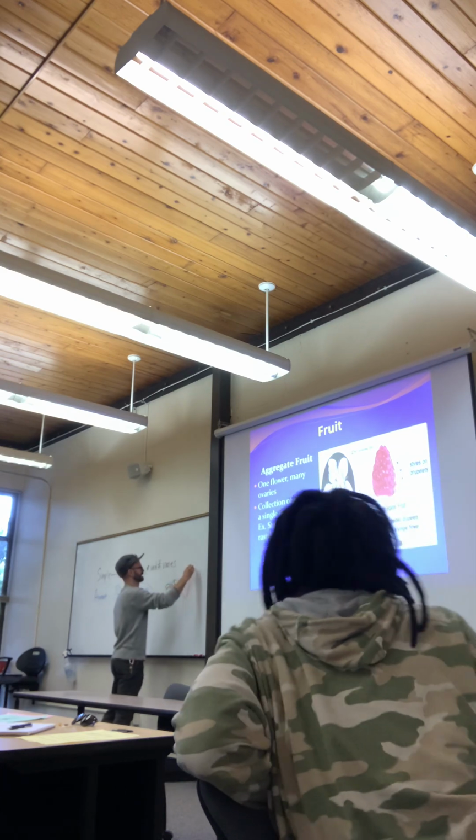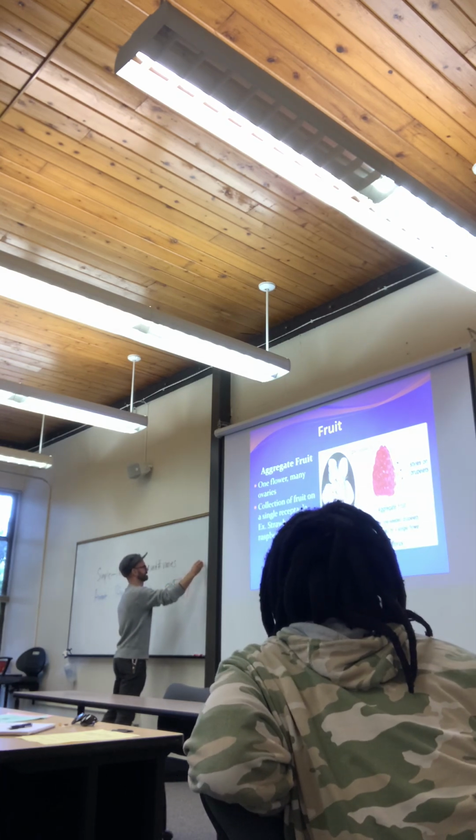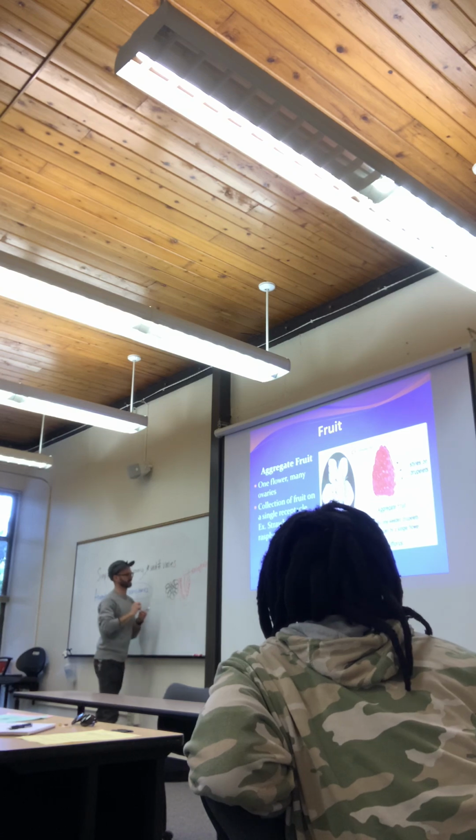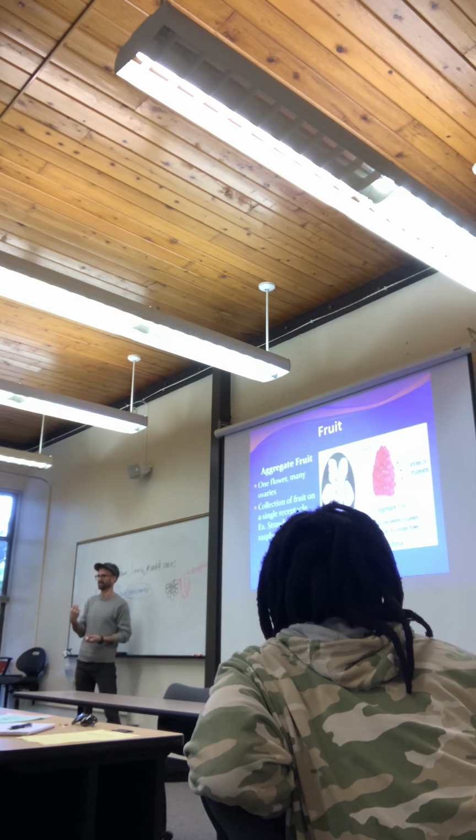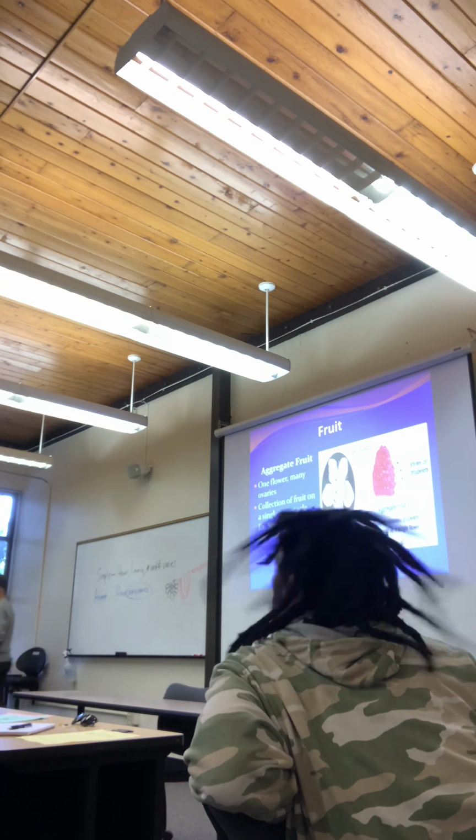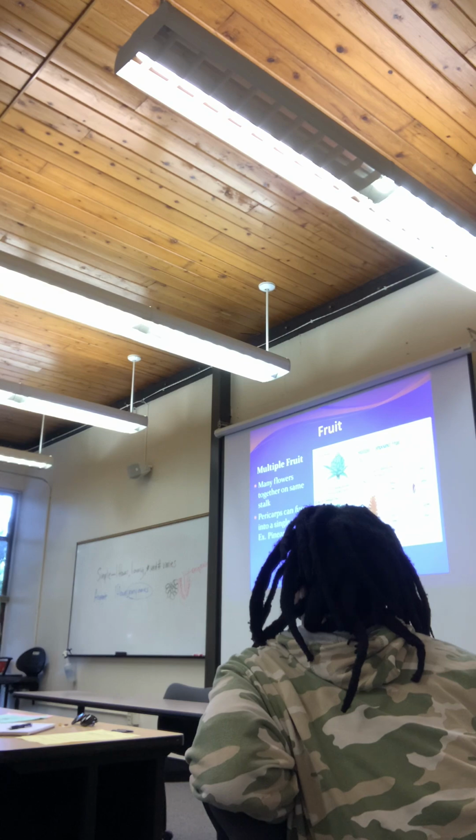That's the receptacle that they're formed around. On the blackberry, the receptacle comes off at picking, so that whole thing gets eaten. It's softer. So those are aggregate fruits.